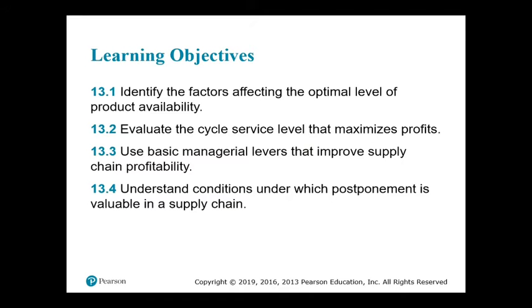So one, we're going to look at what is going to affect product availability, and then what service level is going to maximize supply chain profit. Looking at some managerial levers to improve supply chain profitability, and understand the benefit of postponement.